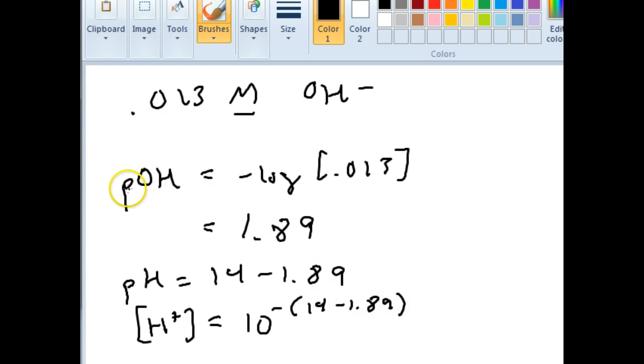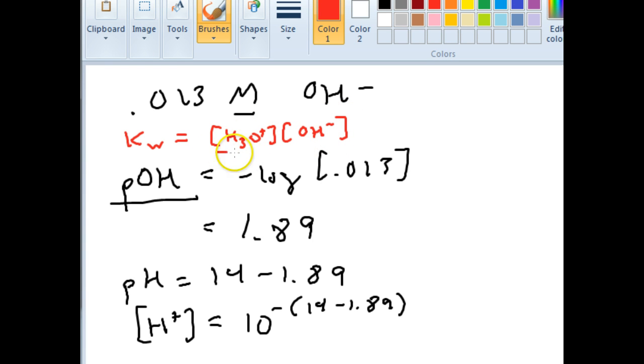If you didn't want to use pOH and pH, all that log nonsense, you can just remember that Kw is the equilibrium constant for water, and the products of the dissociation of water are H3O plus and OH minus.